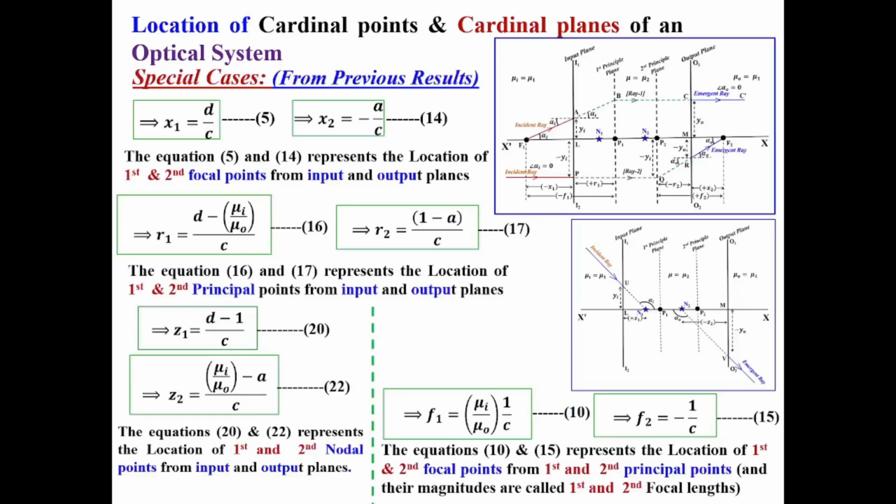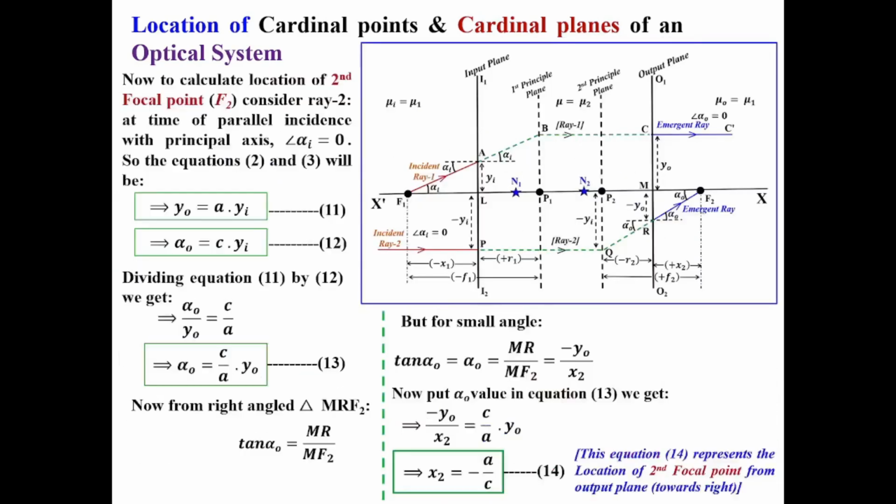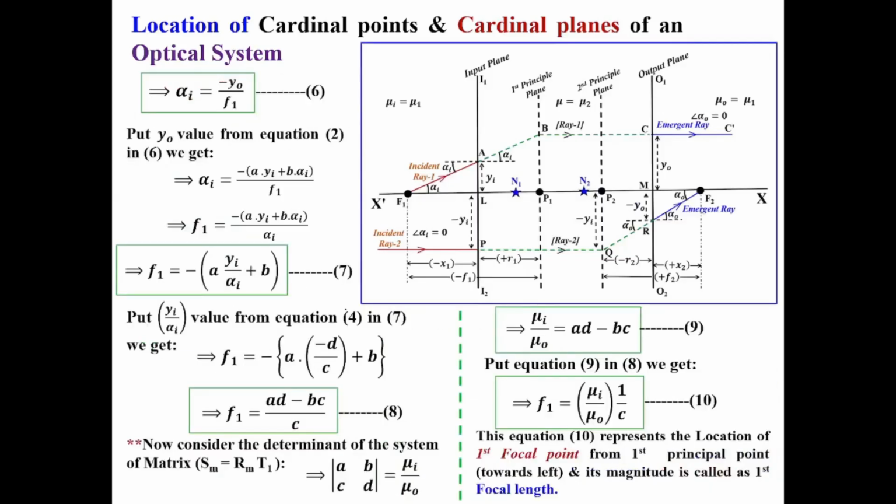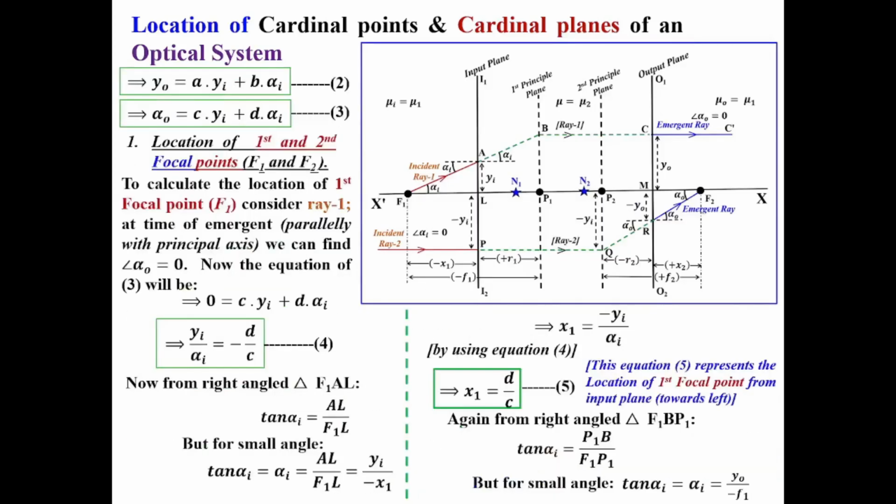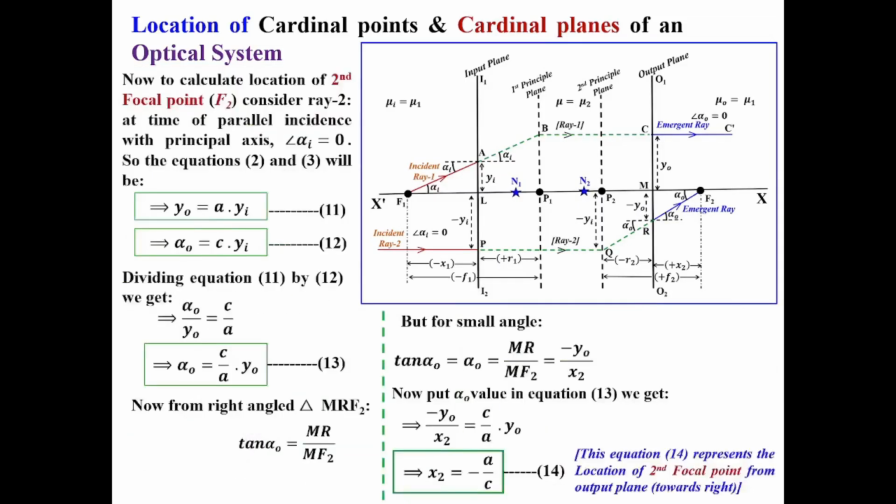Here we are going to consider some special cases. From previous results, what we found in equation number 5 and 14, we found x1 equal to d by c, x2 equal to minus a by c. You can search equation number 5 and 14. Here 14, x2 equal to minus a by c. Equation number 5 represents x1 equal to d by c.